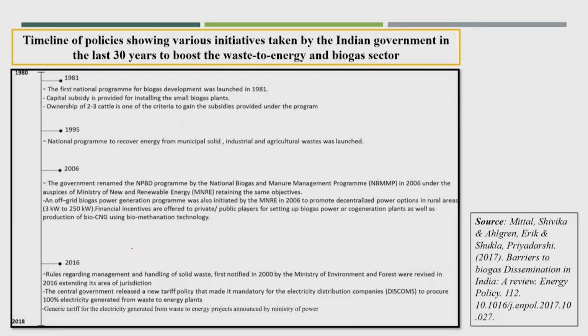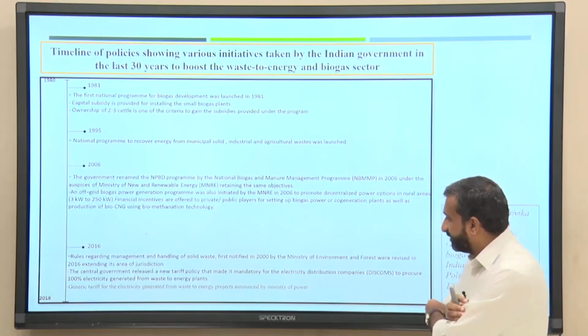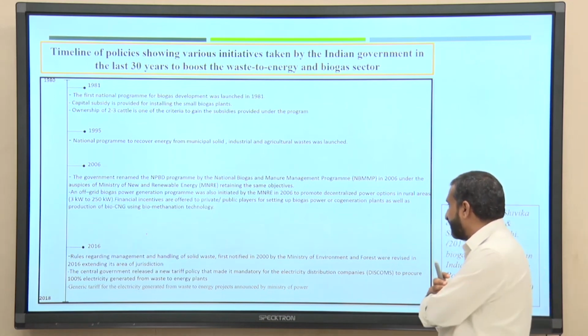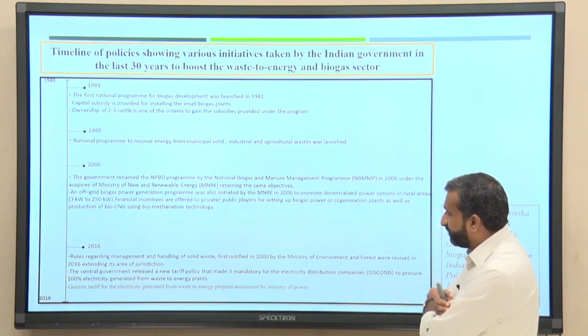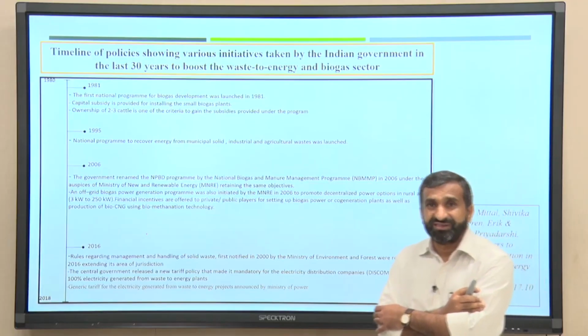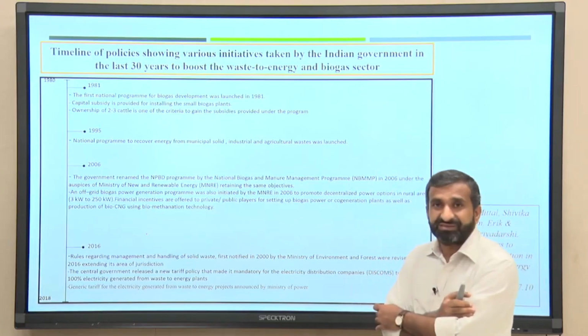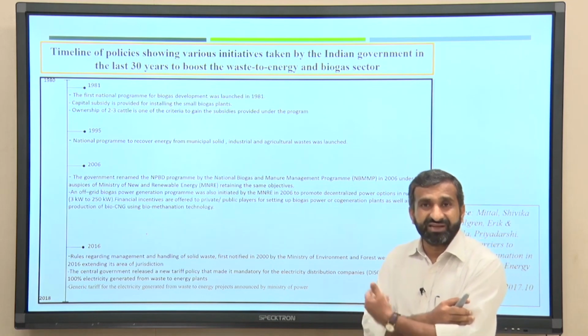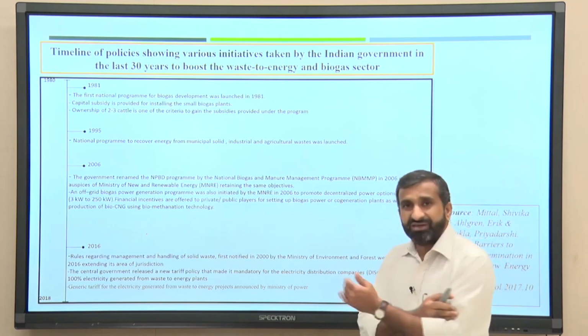So, this is, I think, one very important document that has come up now. Electricity distribution companies can procure 100% of the electricity generated from waste to energy plants, collect it and distribute it to the local residents.